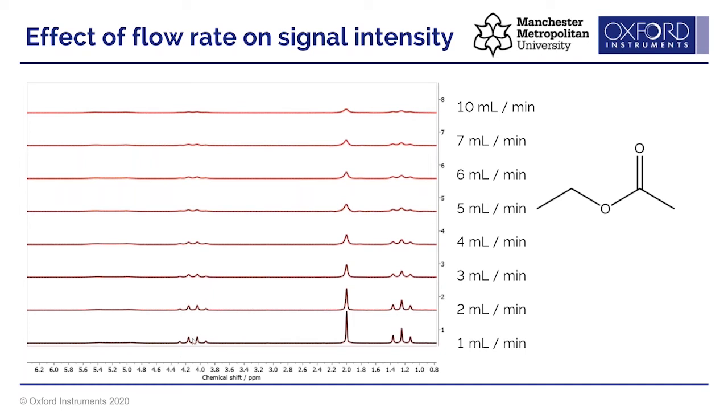What we're doing here is slightly broadening out that peak. That comes from the fact we've got such a quick flow rate that we're trying to acquire against, because we haven't slowed down our pulse sequence. And we can see that particularly for the methyl singlet, it's very sharply resolved at 1 mL per minute. It's quite broad at 10 mL per minute.